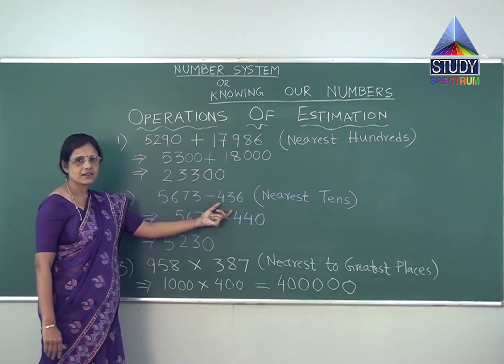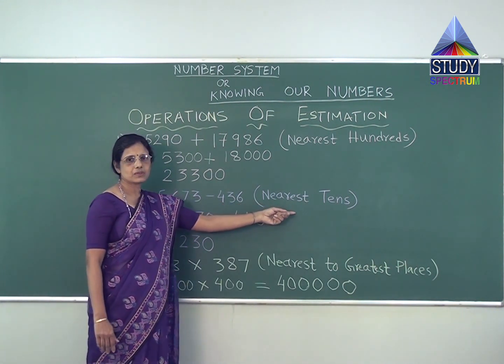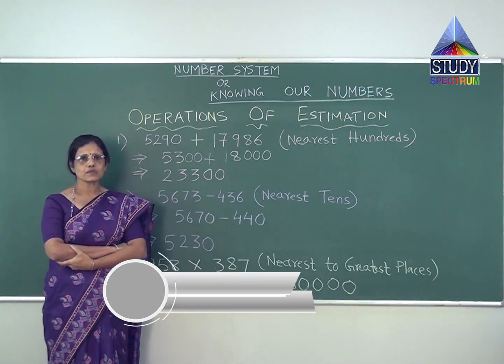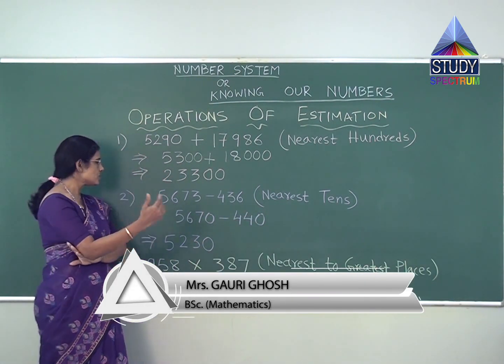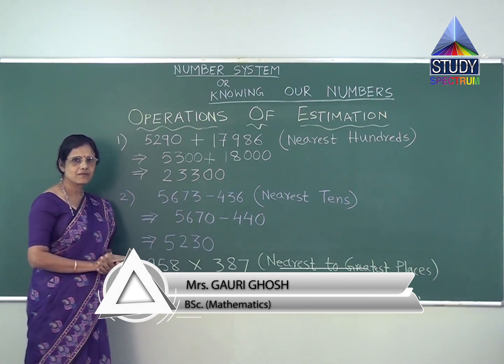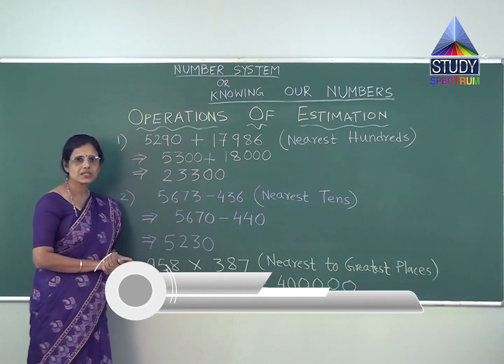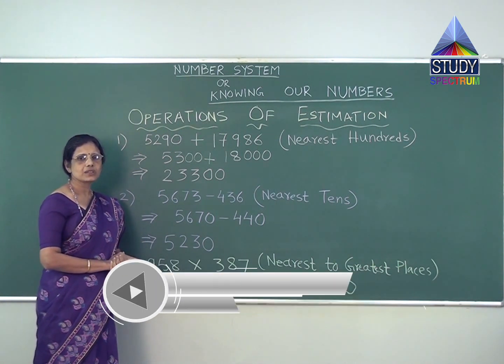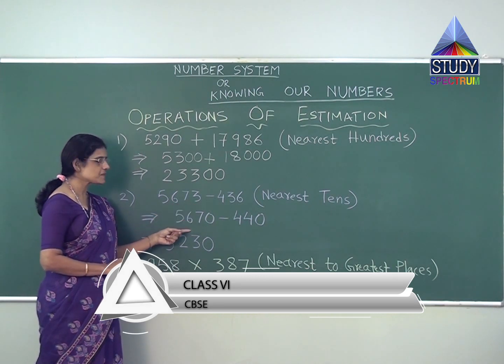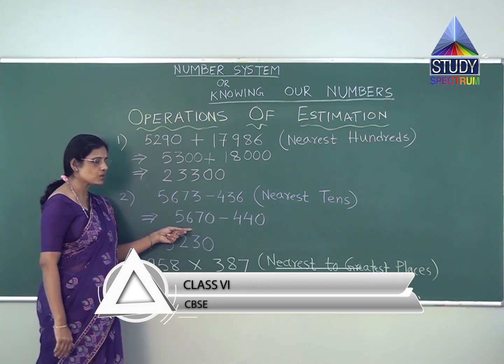Thousands number minus hundreds number, but I will do by nearest 10. Nearest 10 means I have to see the units digit. So units digit here what is? It is 3, which is less than 5. So there will be no change in the tens digit. Only thing, units digit will be 0. It means the number comes as 5,670.